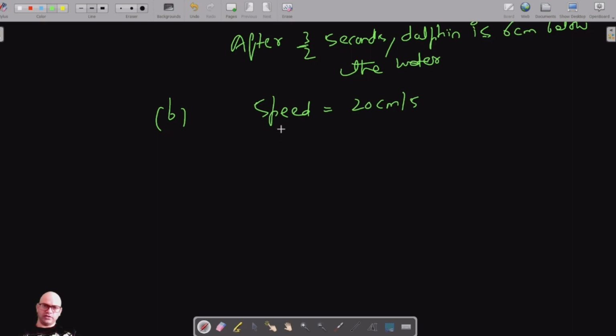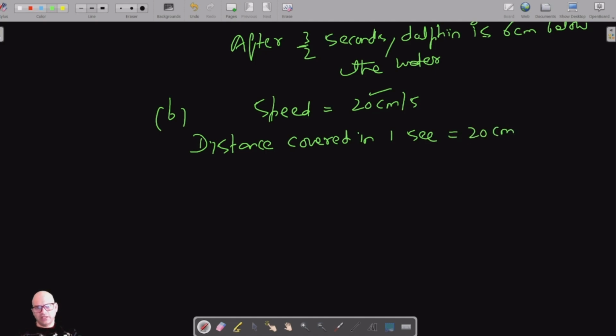So time is 5 by 4 seconds. This means that the distance covered in 1 second is 20 centimeters. Now the total time taken is 5 by 4.